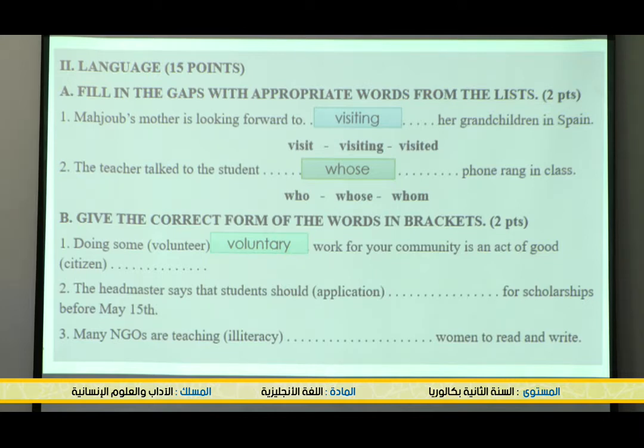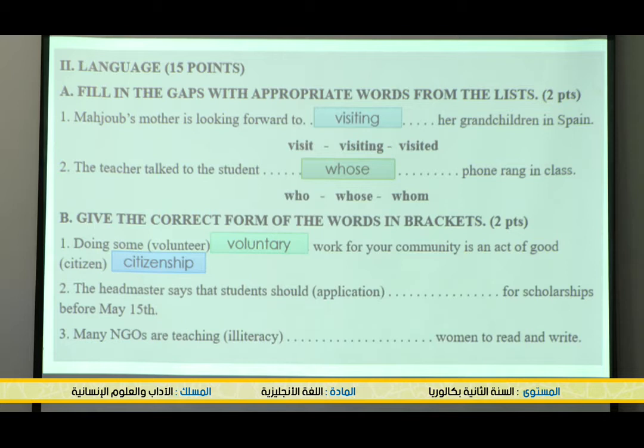It means the state of being a good citizen. Again, I want you to think about it before you give the correct answer. What do you think? Well, the correct answer is citizenship.